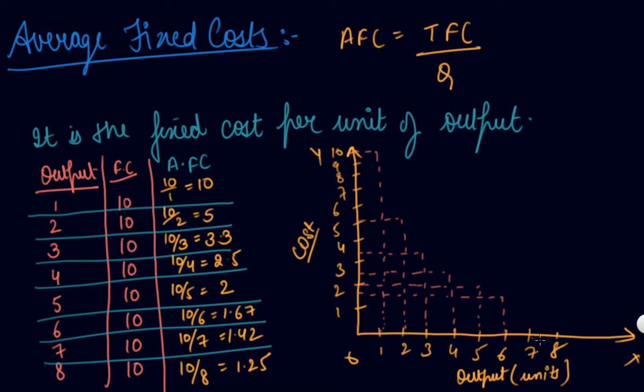On 7, it is 1.42 somewhere here. On 8, it's 1.25 somewhere here, above 1. Right? So these are the points that we've got.